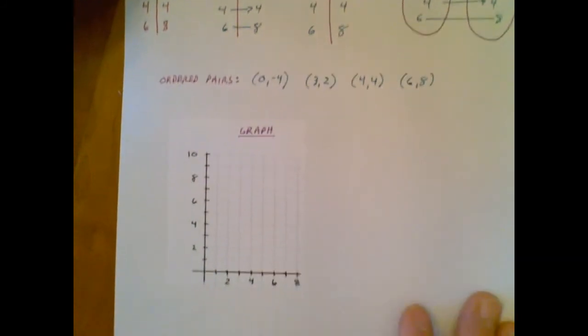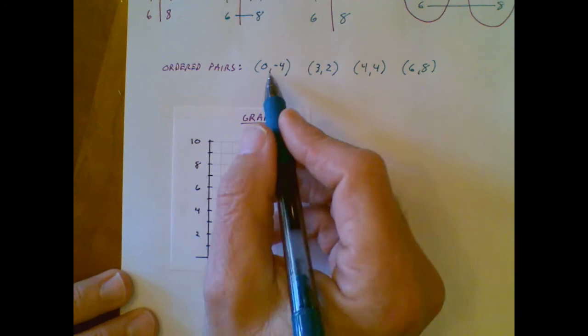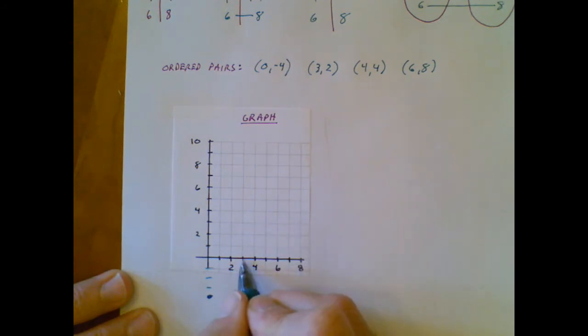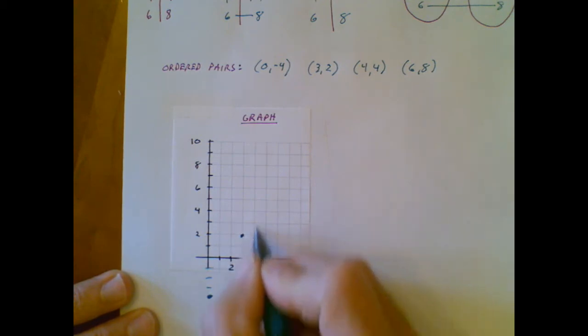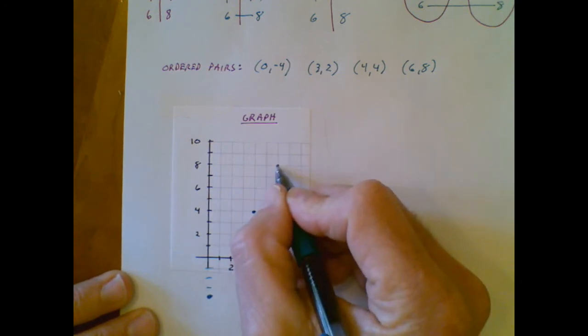And then, as you know, you can always take ordered pairs and graph them. So I have the ordered pair 0, negative 4, which would be, boy, we have to go down here a little bit. There it is. We have 3 comma 2, so over 3 up 2, 4, 4, and 6, 8.